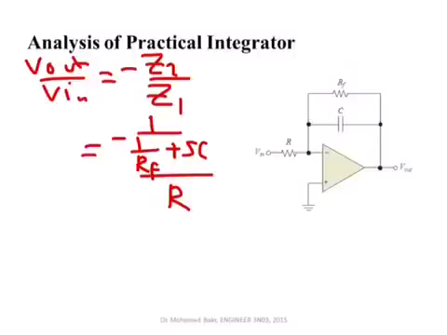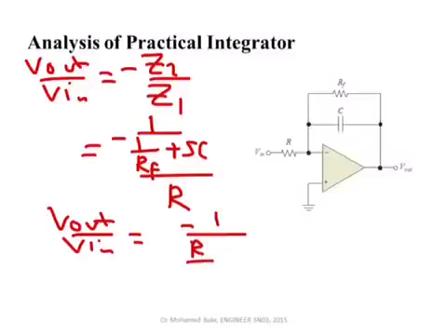Then I can simplify things in this form, that V out over Vn is equal to minus 1 over R over RF plus SCR. Now if you multiply both sides by the denominator, Vn will be multiplied by minus 1, and V out will be multiplied by this one.